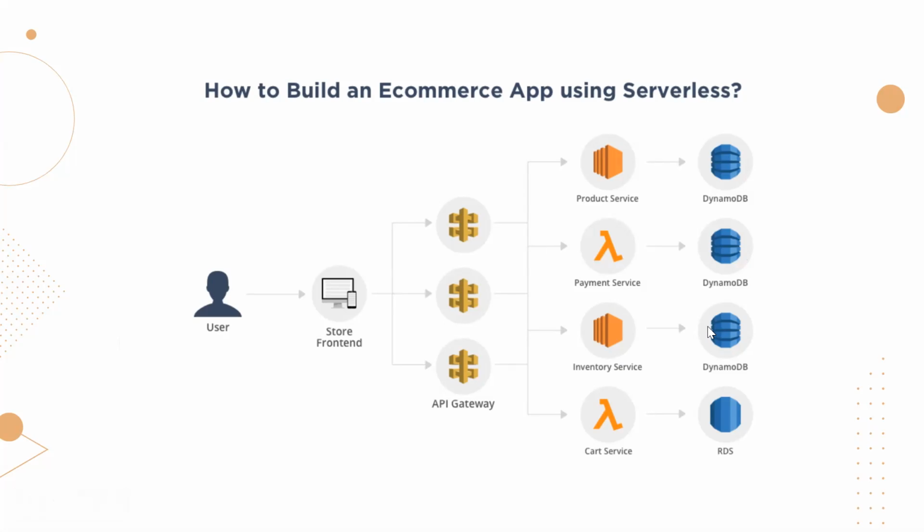They're just changing their online inventory of how many of a certain item they have. That's said and done. And then we move on to the next step, the cart service. And this just makes changes to the user's cart that they have on the website. And here we have a very prepackaged and maybe a little bit simplified version of how an e-commerce app could work using serverless applications.